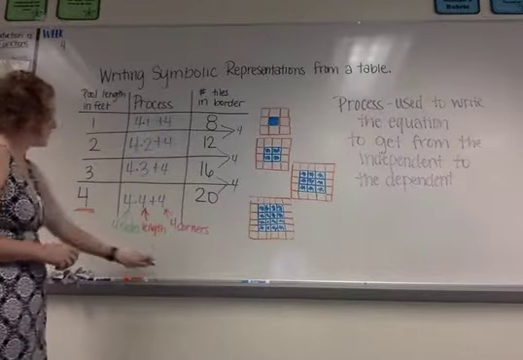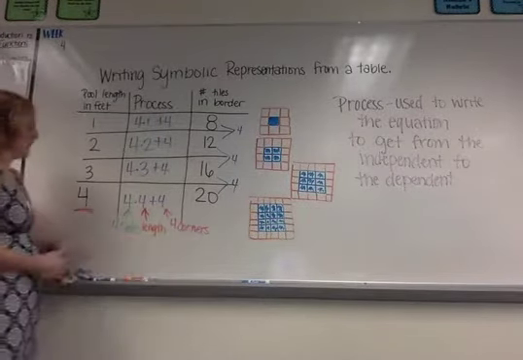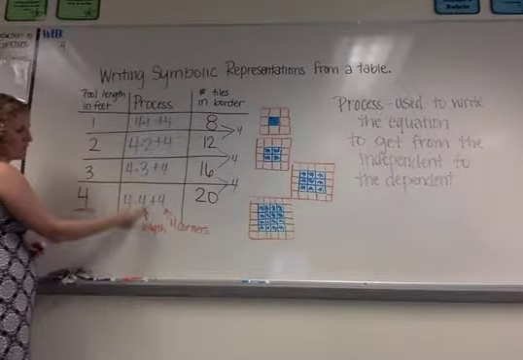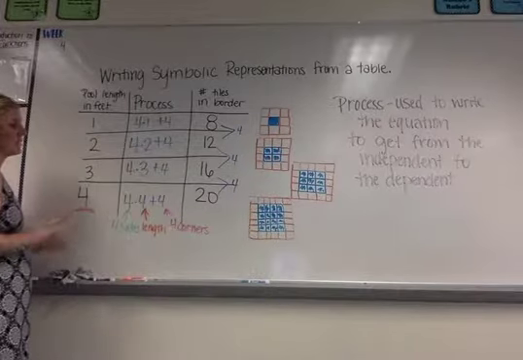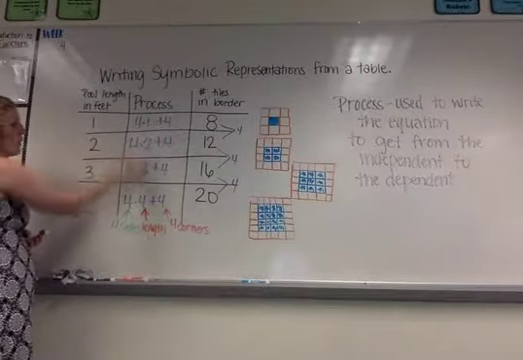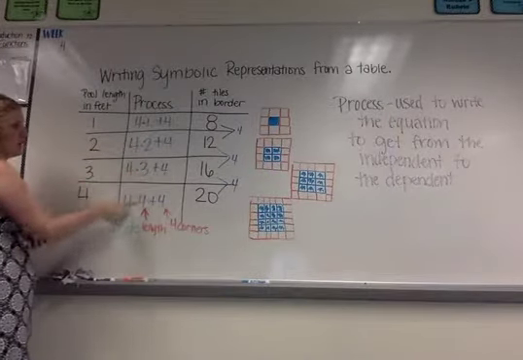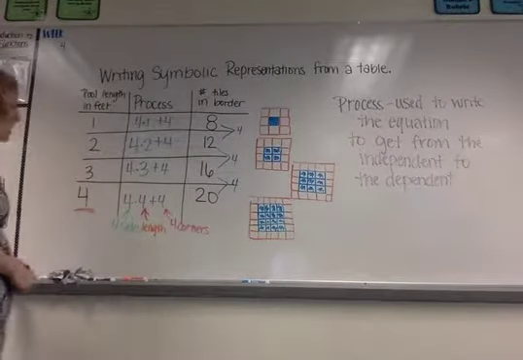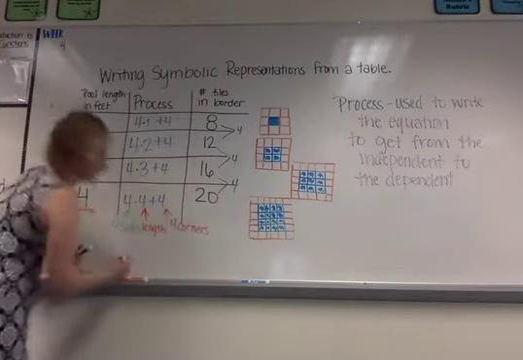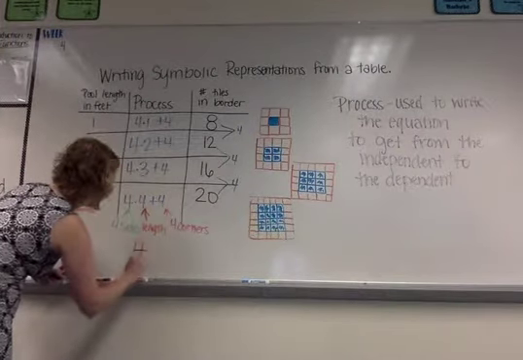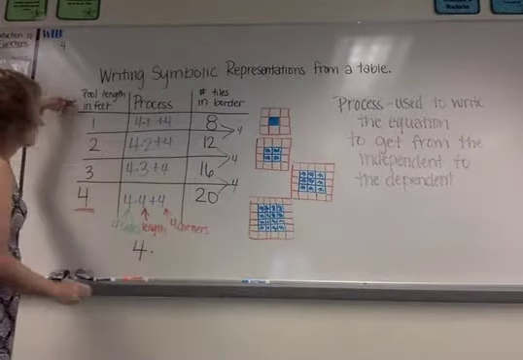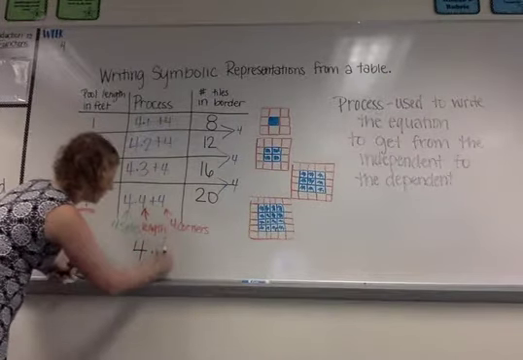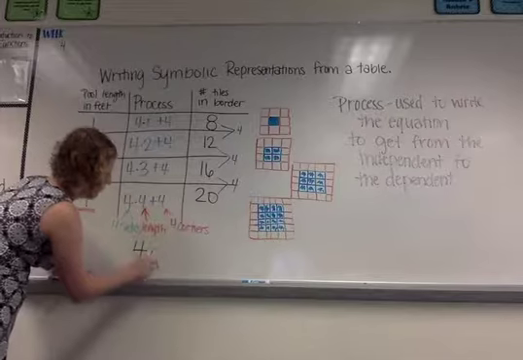So now, to use variables in this, if you notice, the 1, the 2, the 3, the 4 were changing. So that is your variable. You always use whatever value is changing and you represent it with a variable. So my final equation here would be 4 times, let's use L for length, and I'm going to do a cursive L just so that it doesn't look like a 1.